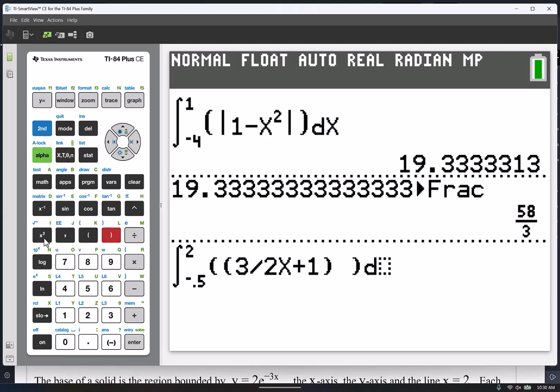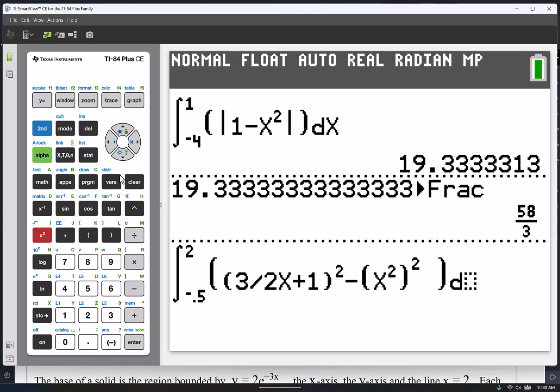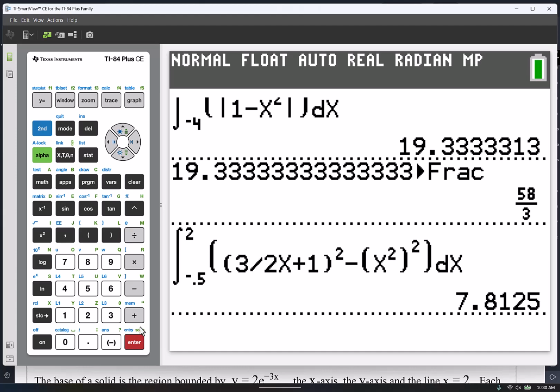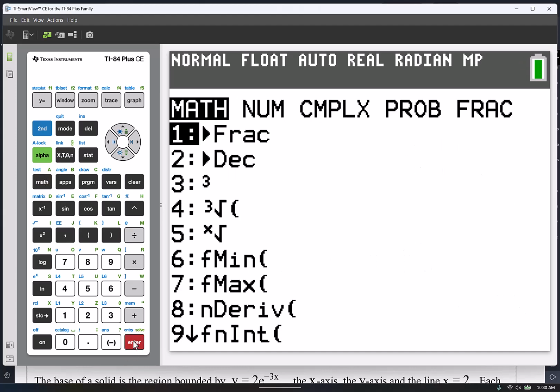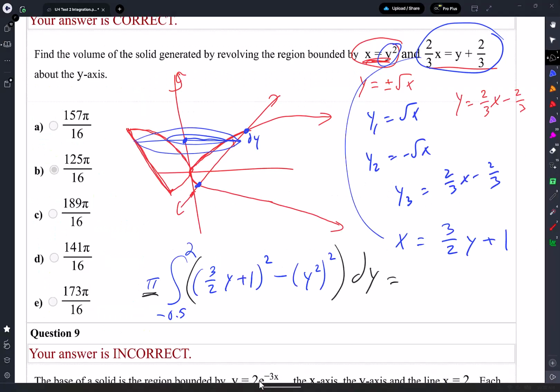Close it, put a square, minus parenthesis x squared, close it, put a square again, and then let's put an x here. And there it is. Turn that into a fraction: 125 pi over 16. 125 pi over 16. Good job.